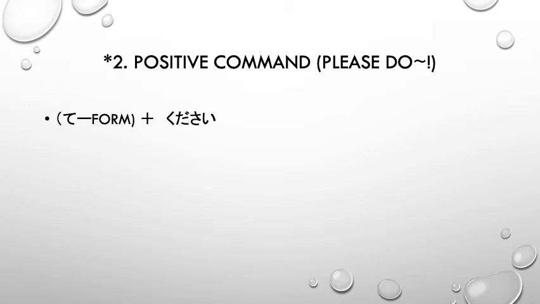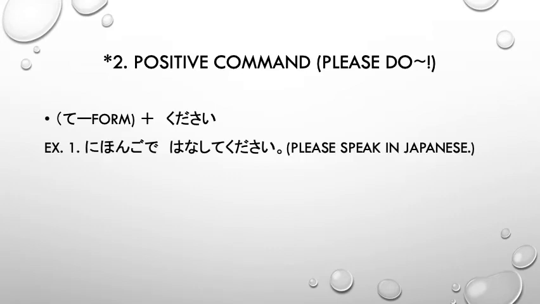If you'd like to ask someone to do something, you need T form, and if you want to be polite, you add ください. You can do without kudasai. It's okay. In Japanese, without please, it's not that rude. This is the main reason why you are learning this te form in chapter 2.